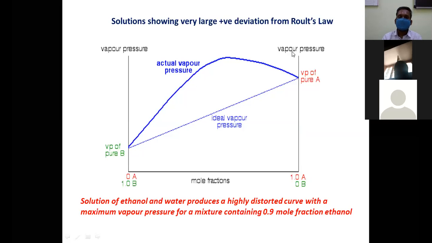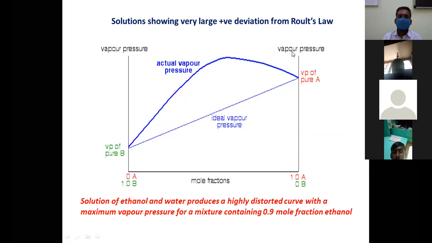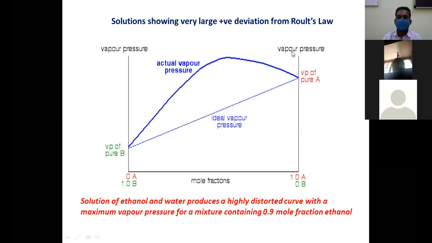It was just deviating from the ideal behavior, in the sense there was a small bulge, a small hump-like curve structure. But you look at the vapor pressure curve of this solution. In fact, one example for this solution showing large deviation from Raoult's law is ethanol water mixture. You see there is a large hump.